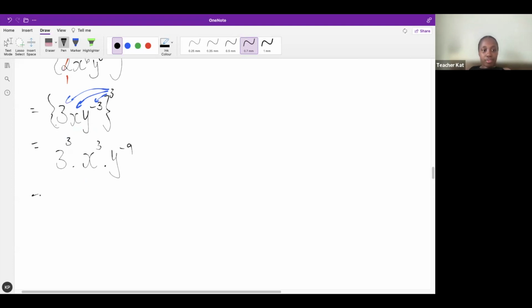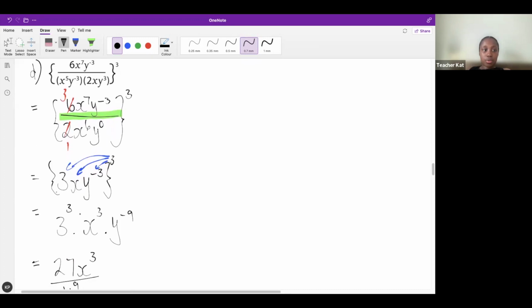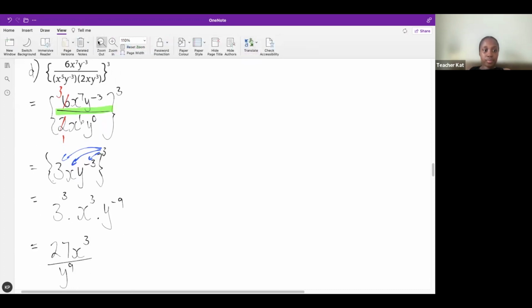Then we simplify further. 3 cubed, how much is 3 cubed? 3 to the power of 3 is 27. X cubed, and my y is going to go to the denominator. So it's over y to the power of 9. Okay, that was a beautiful sum. There we go. You guys can take a screenshot.